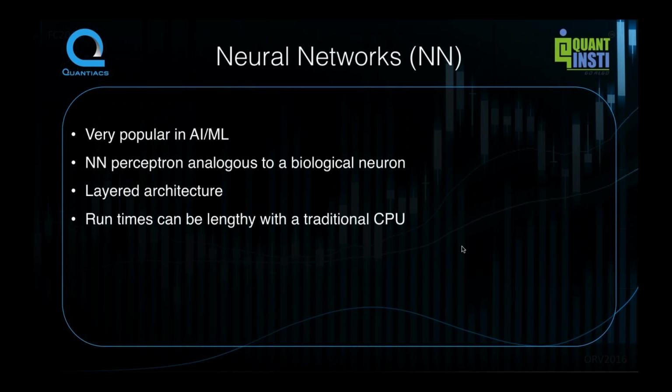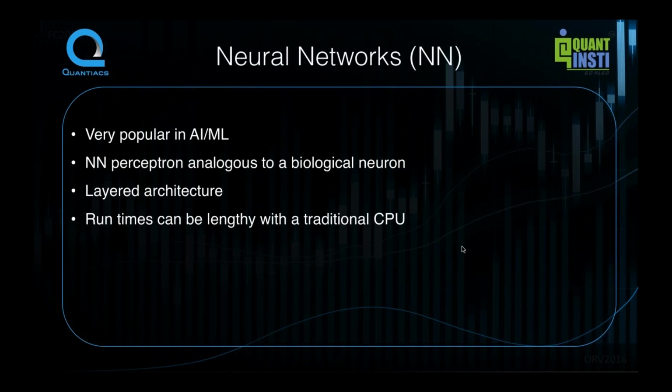So we're saying that a neural network is comparable, or at least analogous, to the human brain. There is some substance there. Neural networks use a layered architecture. There's typically an input layer, an output layer, and a set of one or more hidden layers in between the two.